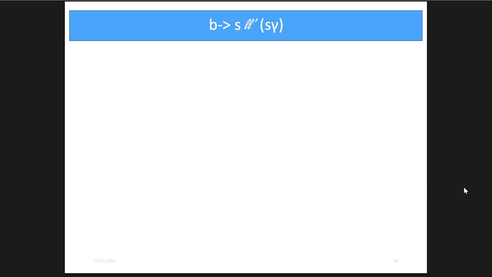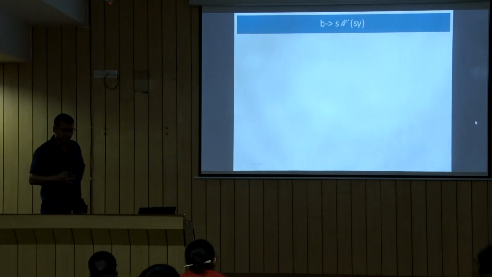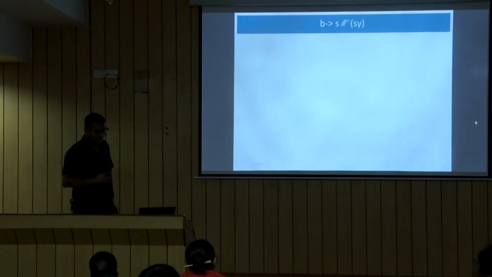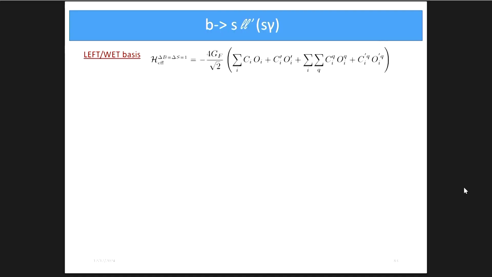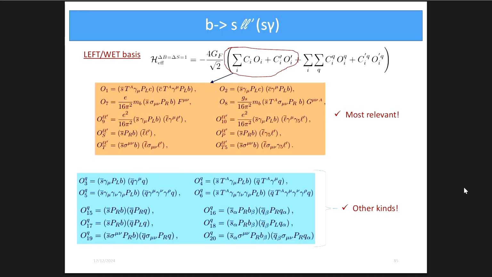So now another example is B to S L L. I know this is also an interesting mode, and B to S gamma. In particular, these are also flavor-changing neutral current processes and rare processes, and are suppressed in the standard model. Okay. Now in this case, in the general LEFT basis or WET basis, you can write down a set of operators which I have listed here.